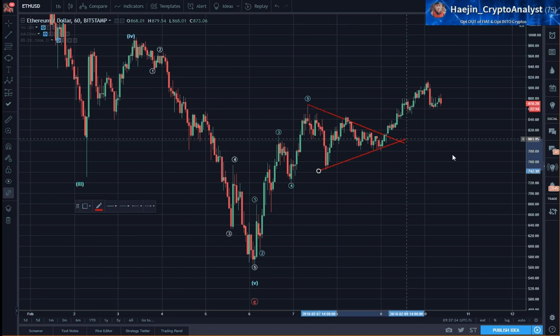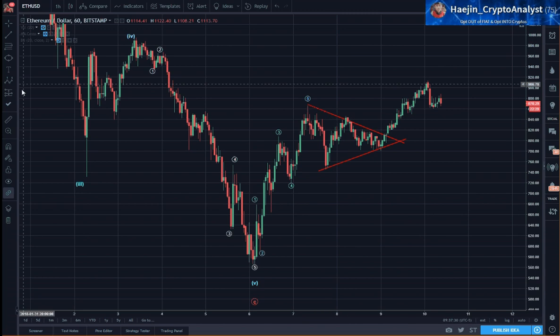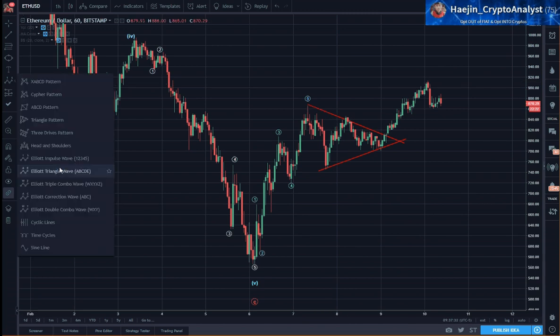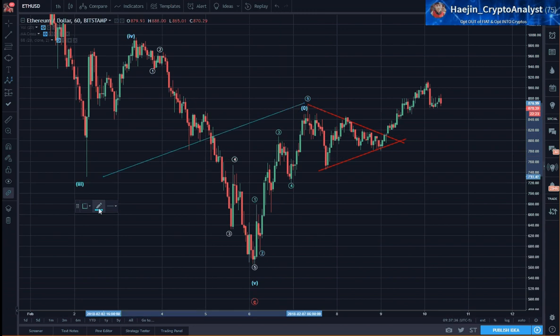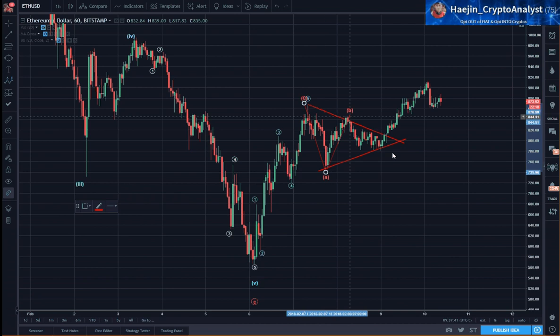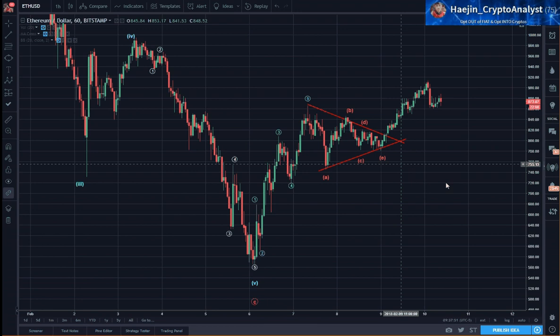That means I would count this as A, B, C, D, E. Remember, corrections can often be a triangle, ABC zigzag, ABC flat, and a combination.